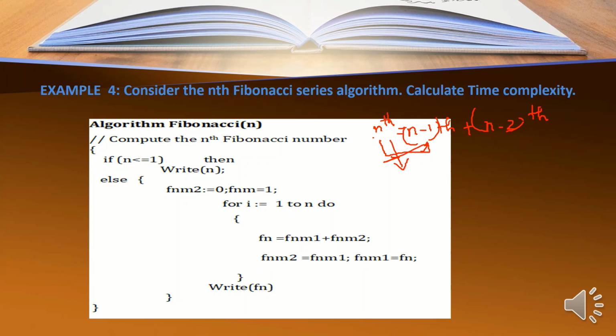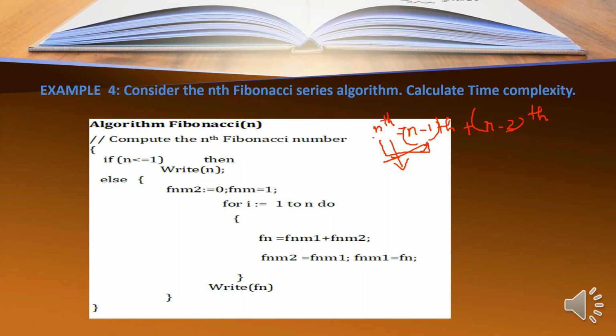If n is less than or equal to 1, this is a termination step, because you know that in a recursive formula the termination step is very much necessary. So if n is less than or equal to 1, write n. Else fnm2, that is 0, and fnm1 equal to 1. Then fn, that is the nth Fibonacci number, is calculated by summing the n minus 1th and n minus 2th number.